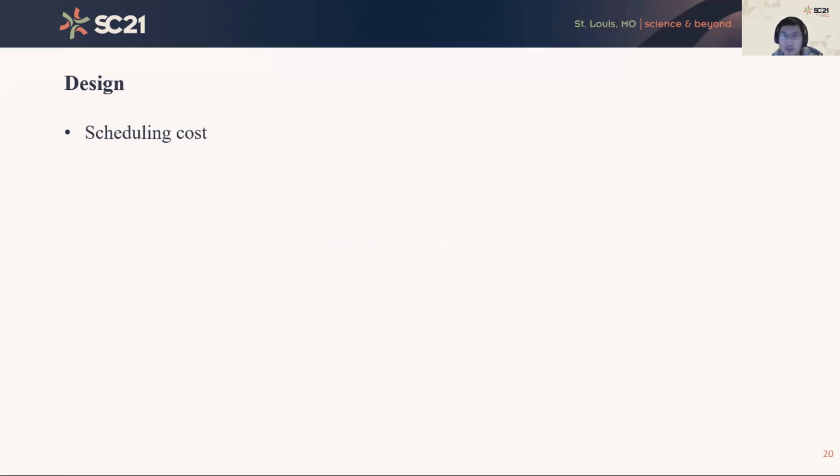The next cost is scheduling cost. Existing schedulers handle online workloads with periodic offline rescheduling. That is, between a certain time interval, the scheduler pauses all the jobs in the cluster, reschedules the jobs, and then restarts them with new configurations.